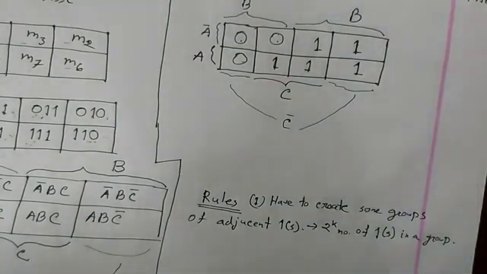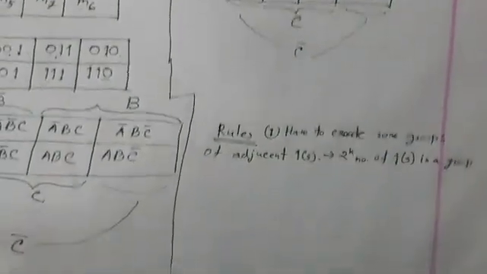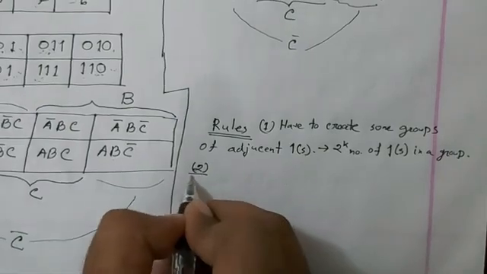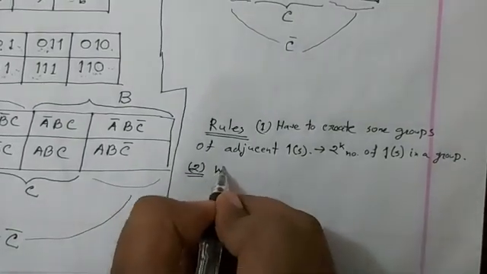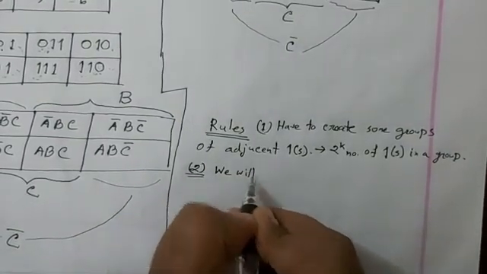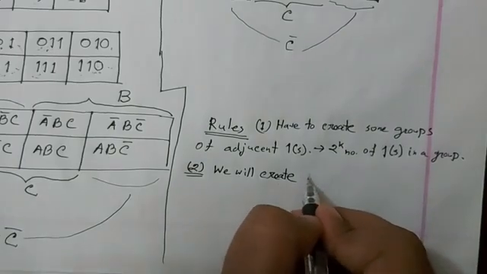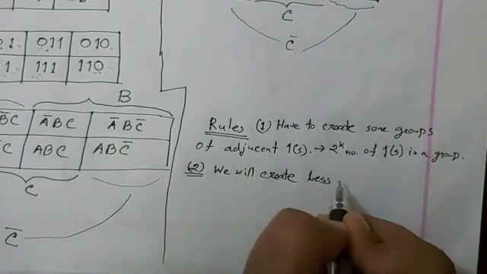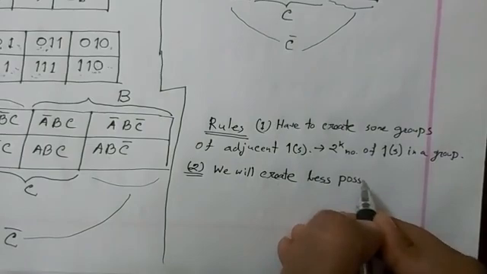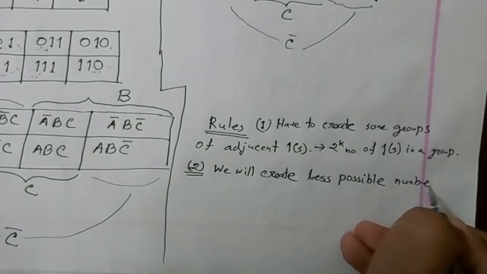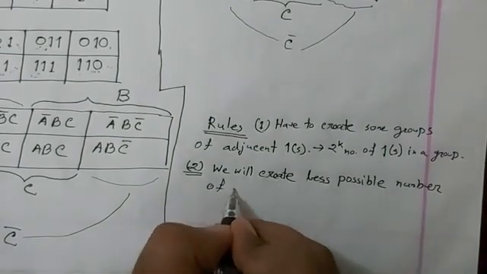Now rule number 2: we will create the least possible number of groups.